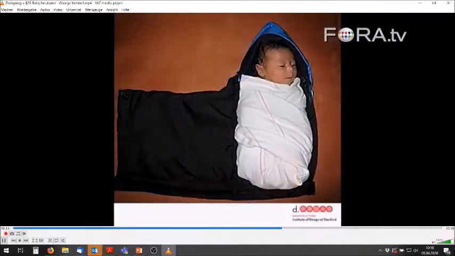And that is the babies who were born prematurely were not born near the cities where all the incubators were. They were born in the rural areas. And then when they got that insight, they realized that they didn't need to design a less expensive incubator. They just needed to find a way to keep babies warm.